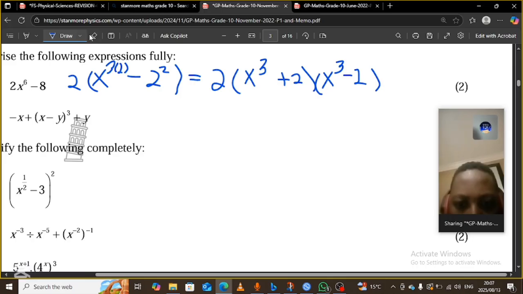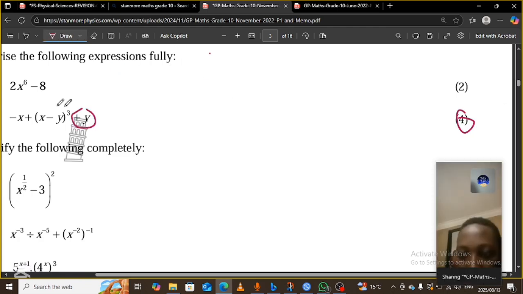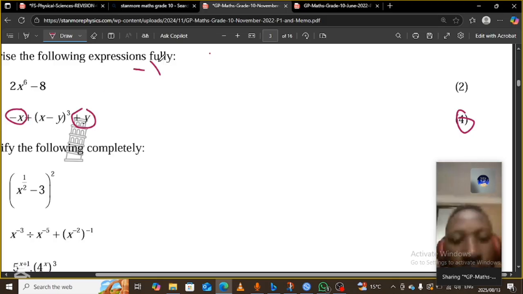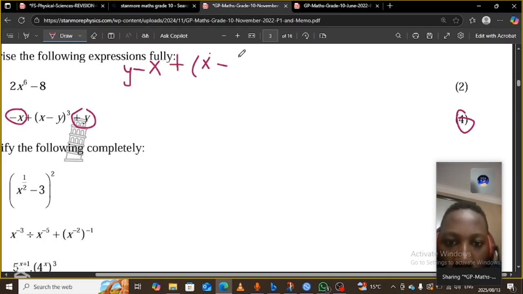So now let's look at question 1.1.2. We're going to factorize by grouping of terms. We're going to group the ones in purple together. So it's negative x, it's y minus negative x plus x minus y all cubed.